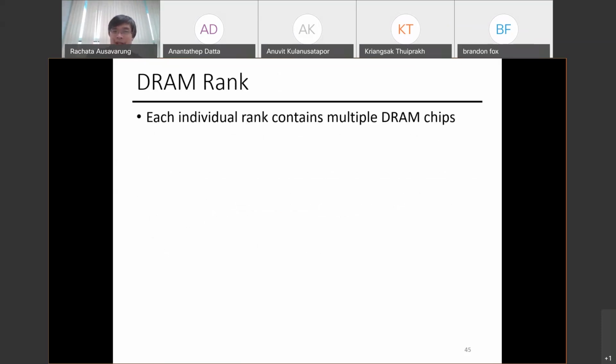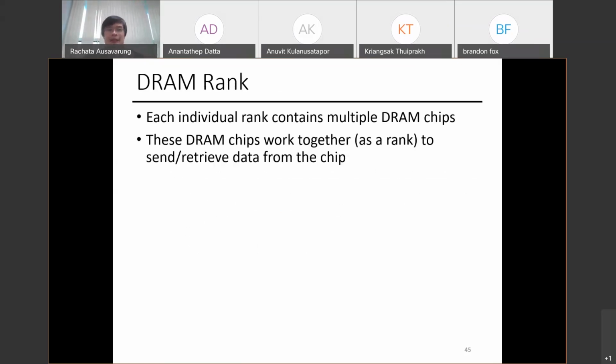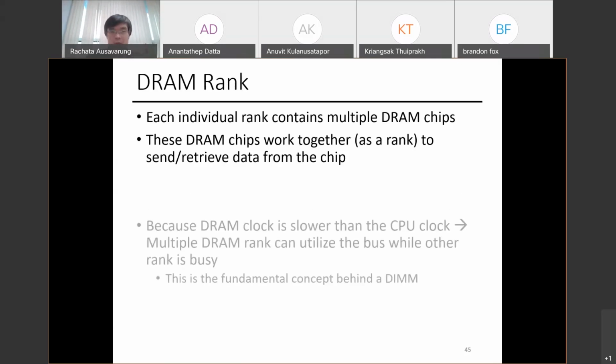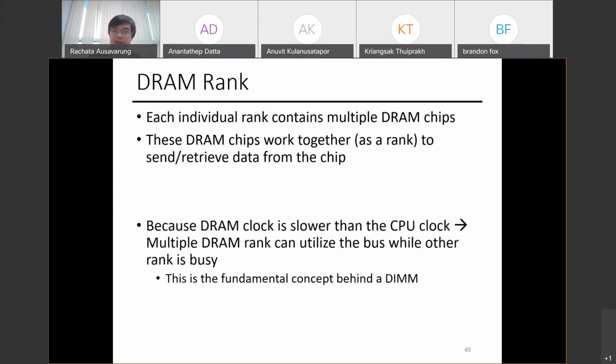Inside the DRAM, each individual rank contains multiple chips, as I said earlier. They work together as a rank to send or retrieve data from the chip. One thing I want you to know is that the DRAM clock is actually slower than a CPU clock. Multiple ranks utilize the bus while the other rank is busy. This is the fundamental concept behind the dual inline memory module.